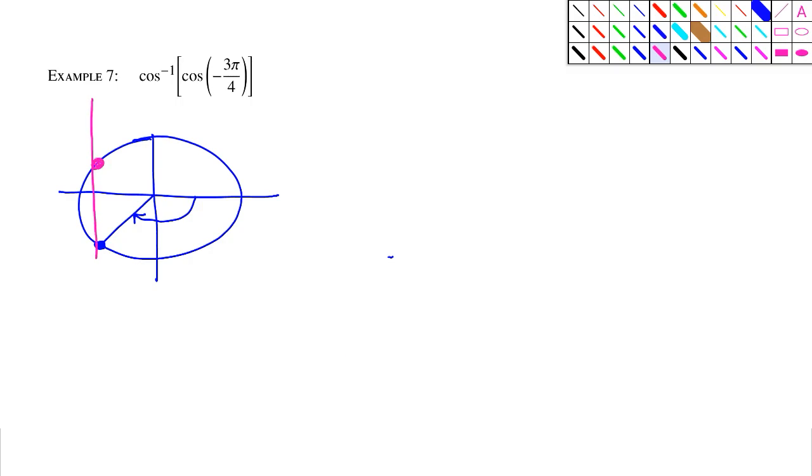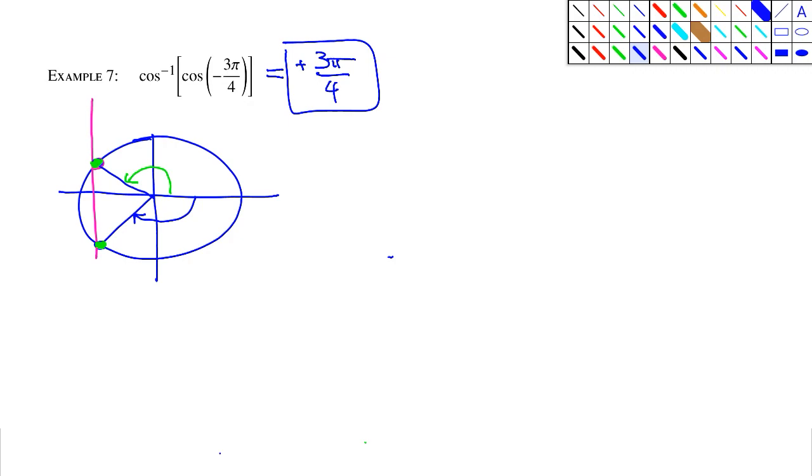Not quite drawn to scale. It's okay. And then the angle that we can use is this angle that's in quadrant 2. And what angle would have the same x coordinate as the negative 3 pi over 4? That is positive 3 pi over 4.